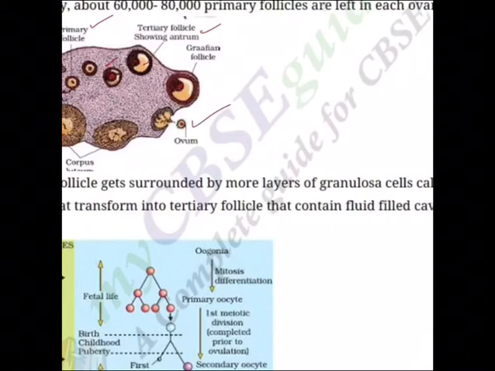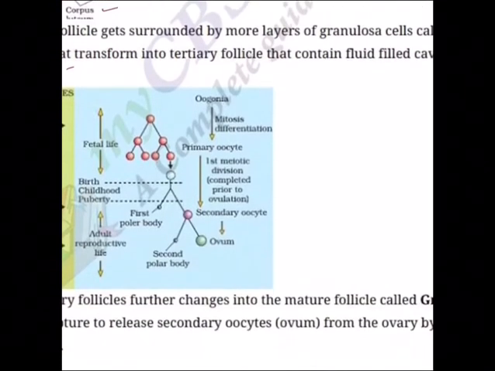So release of the functional ovum takes place after the Graafian follicle is there, and whatever layers are left out, that's called the corpus luteum. So the corpus luteum will be formed and finally the corpus luteum gets degenerated. So the primary follicle gets surrounded by more layers of granulosa, and they are called secondary, that transform into tertiary, that contain the antrum. Now how exactly will this oogenesis take place?